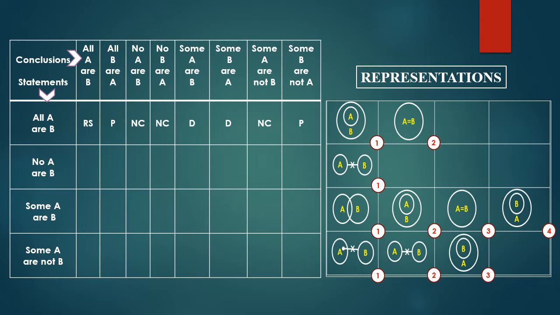Some A are not B: in both representations, some A are not B is not following.